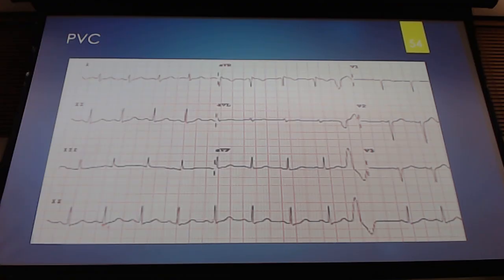We can see a whole bunch of fairly normal PQRSTs, and we have this big, wide, ugly ventricular contraction. So something in the ventricles is overtaking the pacemaker responsibility for this one beat, and it's wide because we're having myocyte to myocyte depolarization.